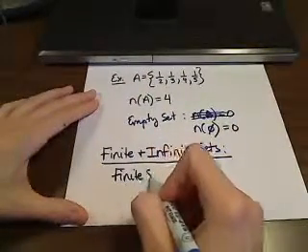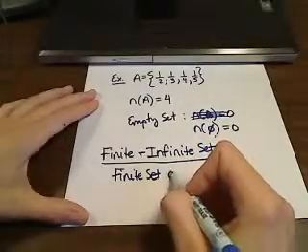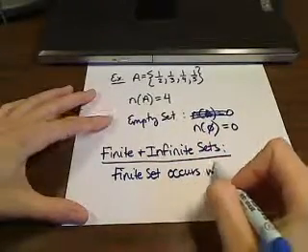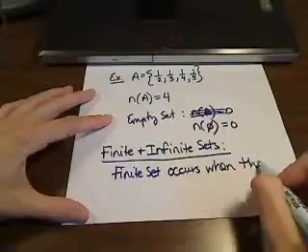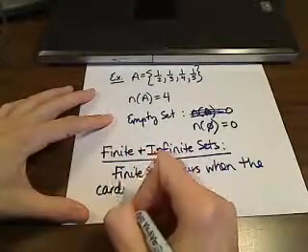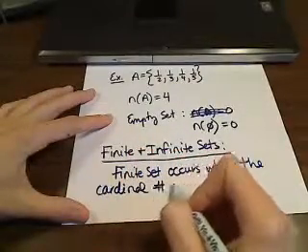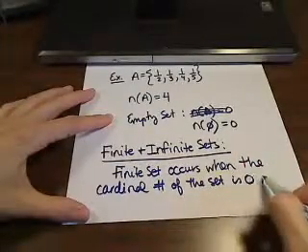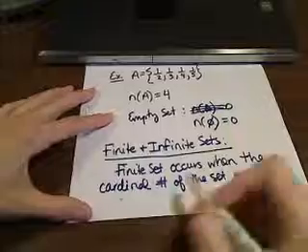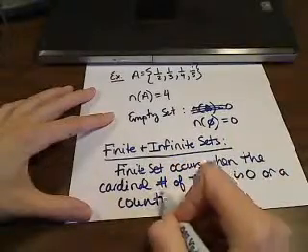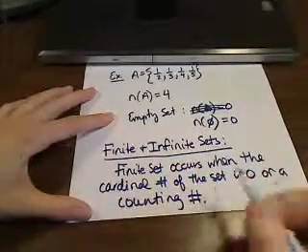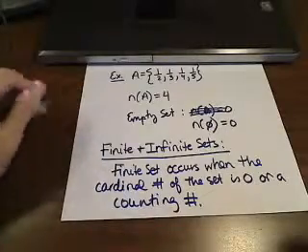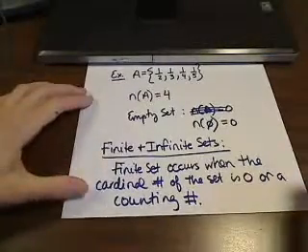A finite set occurs when the cardinal number of the set is 0 or a counting number. Okay, so in other words, you can find the cardinality for a finite set.